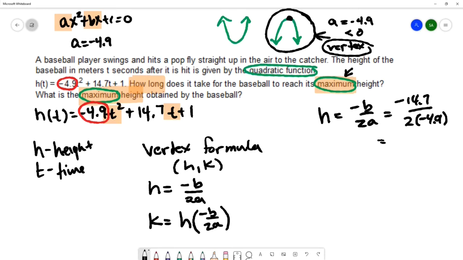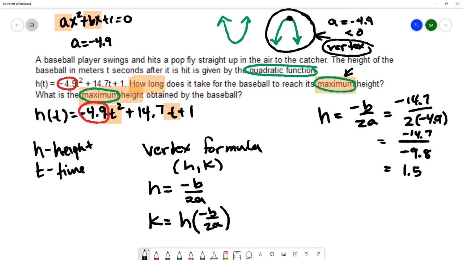So 2 times negative 4.9 will be negative 9.8. So 14.7 divided by 9.8 is positive 1.5. And that's going to be the x-coordinate of the vertex.